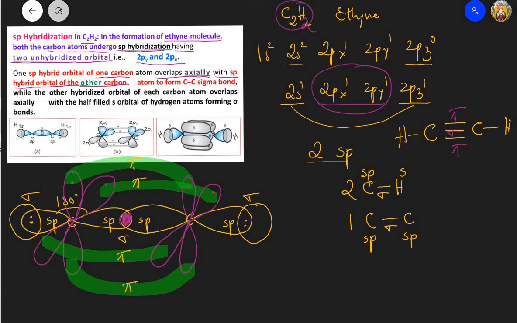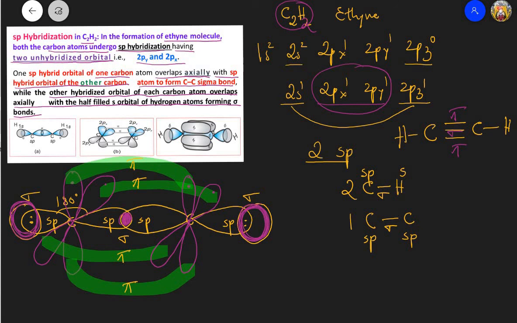That is involved in the formation of a carbon-carbon sigma bond, while the other hybridized orbital of each carbon atom overlaps axially with the half filled s orbital of hydrogen, forming sigma bonds. So this is the sigma bond between carbon and hydrogen, where the carbon hybridization is sp and that of hydrogen is s.